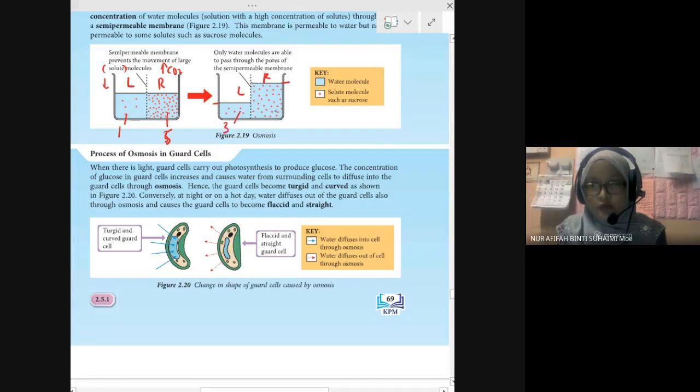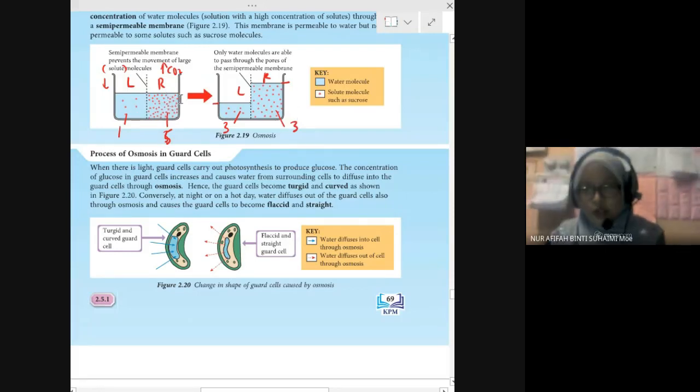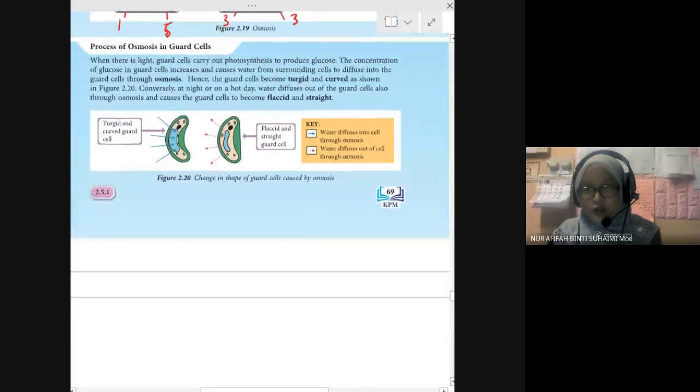The concentration level becomes the same, equally sweet. This one is dilute and this one is concentrated, too sweet. After that it will become the same sweetness. That is the osmosis process.